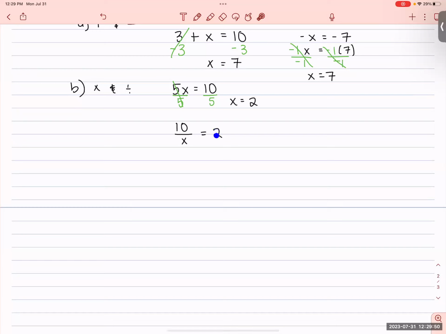You can take the number here and the x and you can switch them. It's essentially a cross multiplication, which we'll talk about later. But you can do that trick where you just switch them, right? X is equal to 10 over 2. Or you can go through the whole algebraic process if you're not comfortable with tricks.